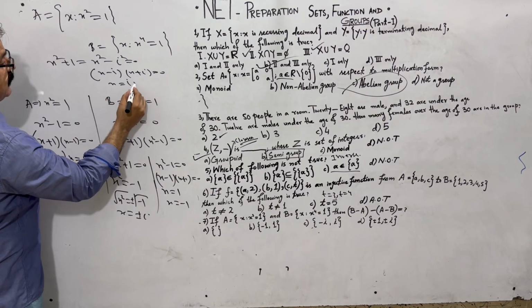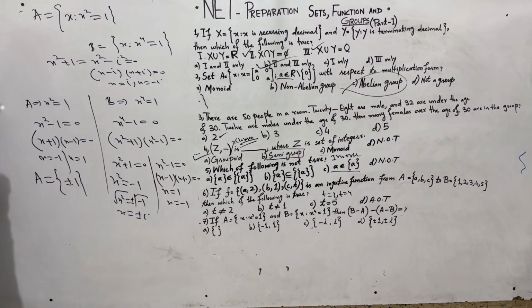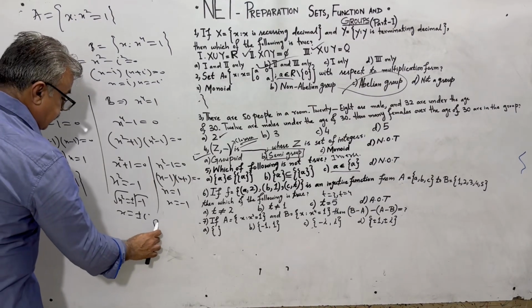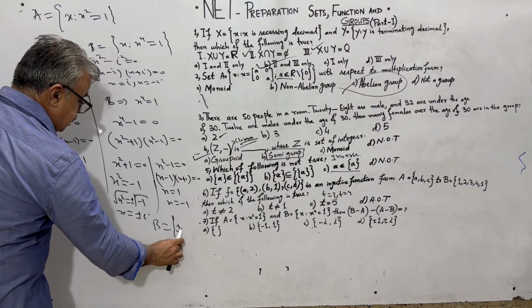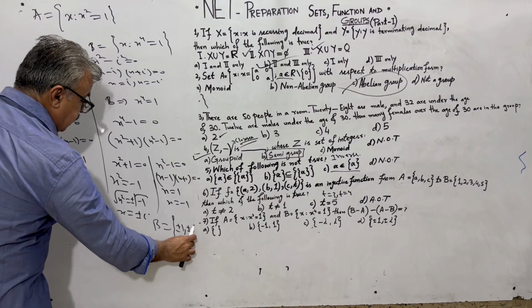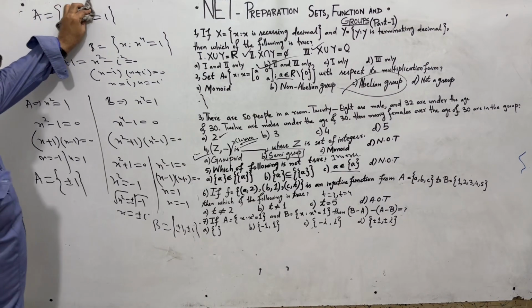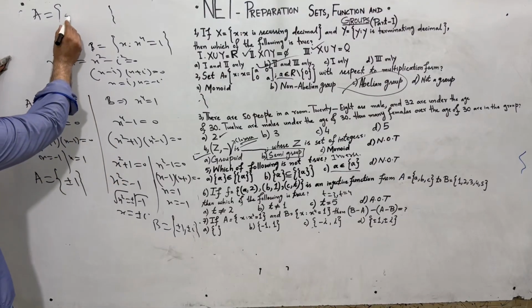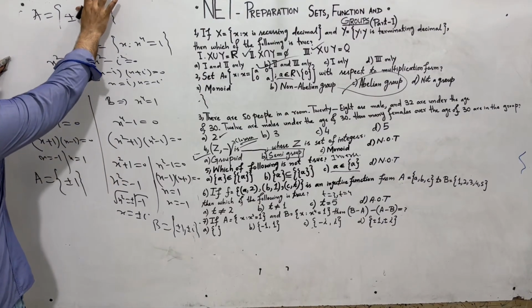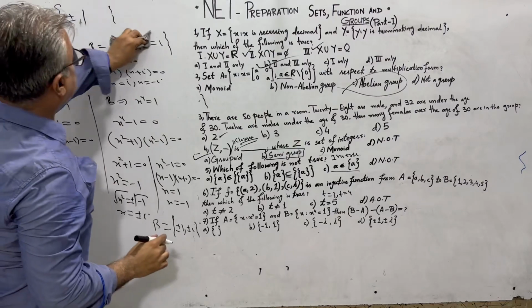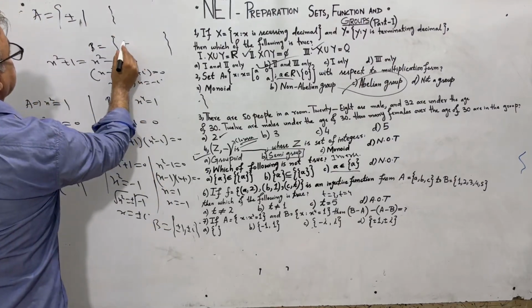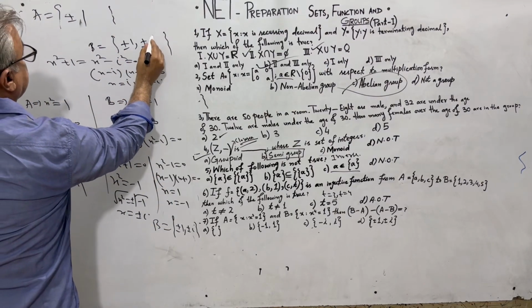So x is equal to iota and x is equal to minus iota. So the value of A is plus minus 1, and the value of B is plus minus 1 and plus minus iota. Let me fill in the values.